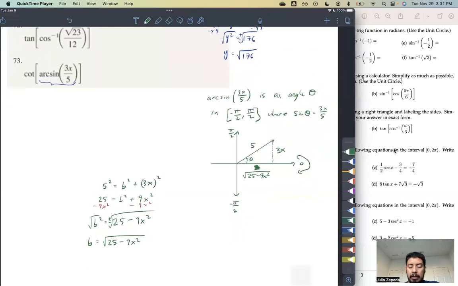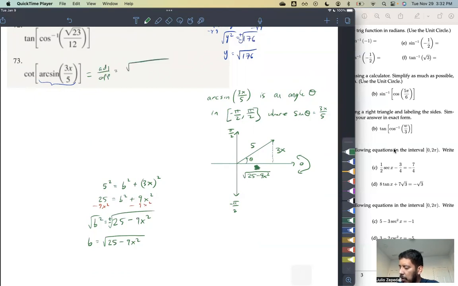Okay, so then now we want to find the cotangent of that angle. The angle has been drawn. The opposite side and the hypotenuse were labeled. The adjacent was found. And so now we can find the cotangent. If you remember SOHCAHTOA, tangent is opposite over adjacent. So cotangent is adjacent over opposite.